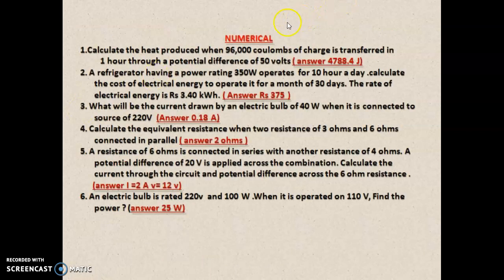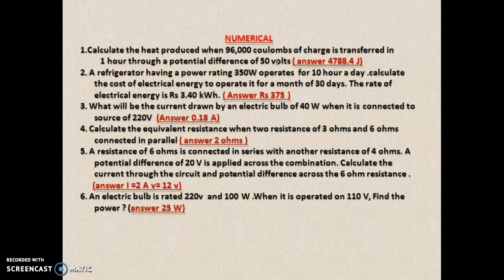So here are some numericals related to this example. First, calculate the heat produced when 96,000 coulombs of charge is transferred in 1 hour through a potential difference of 50 volt. In this one, what is given?